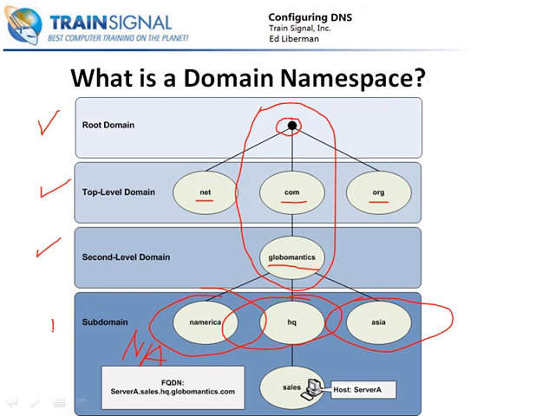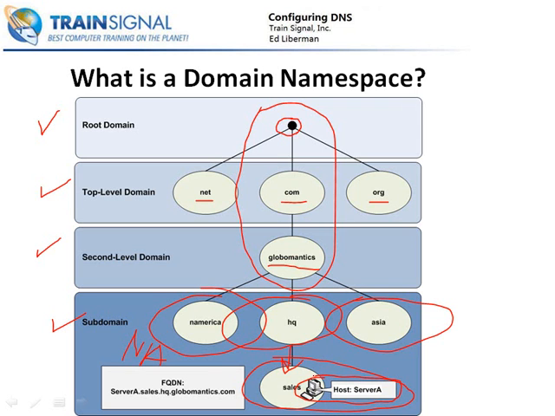And when it comes to the subdomains here, there really is no absolute limit. I mean, you don't want to go too deep, but you could go another subdomain deep, which we've done here in going to the sales domain. And inside of that sales domain is where we have a specific host named Server A.